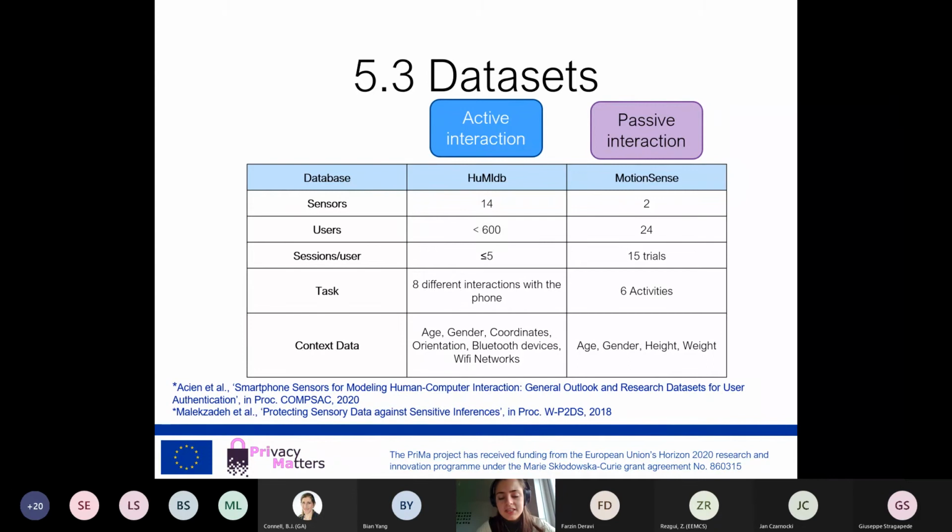That is, the user is just carrying the phone with them. As we can see, both of them have some context data that I can use as sensitive data, such as age and gender. And I think that with these two databases, we can summarize all of the ways the user is using the phone.